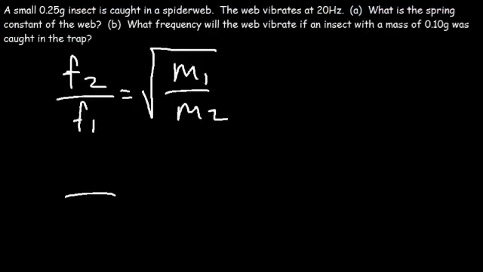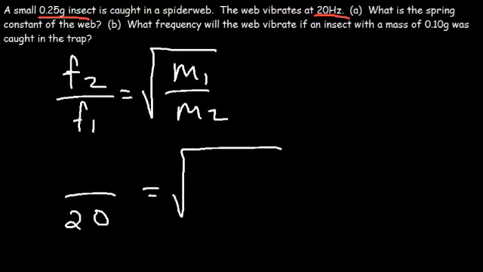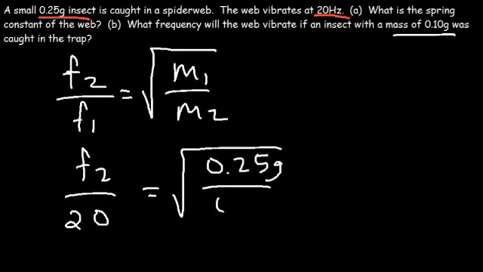So notice that a frequency of 20 hertz corresponds to a mass of 0.25 grams. Because we have a ratio of the masses, we don't need to convert it to kilograms. So M1 is going to be 0.25 grams. Now we're looking for the frequency F2 when the mass is 0.10. 0.25 divided by 0.10 is 2.5, and the square root of 2.5 is about 1.581.